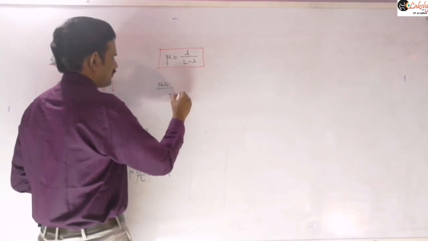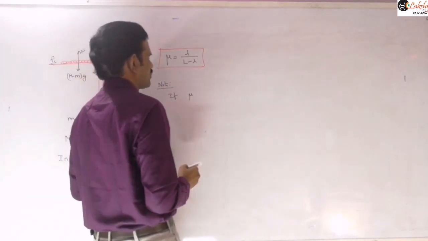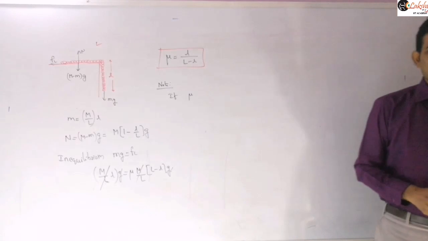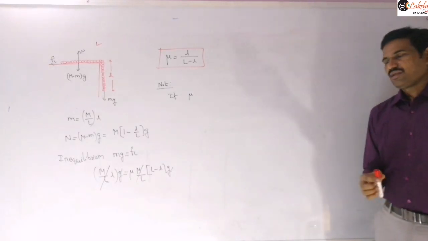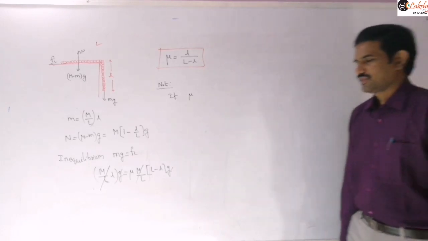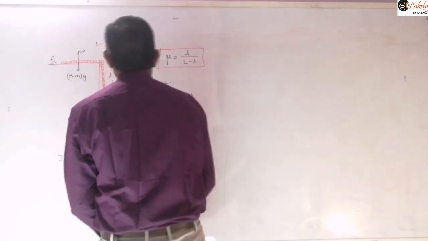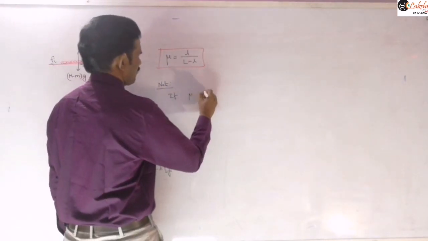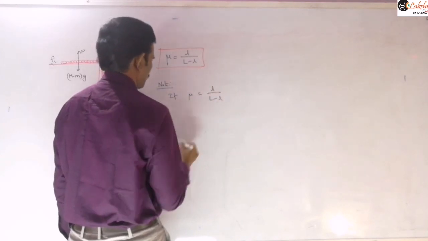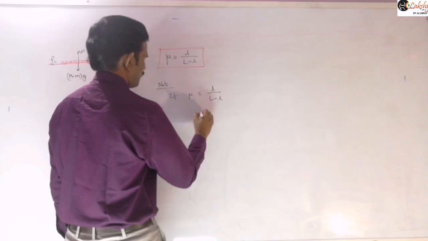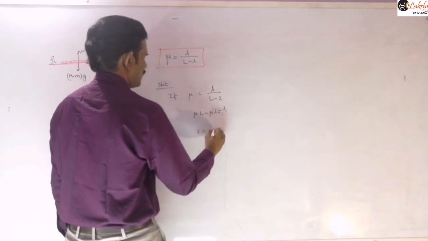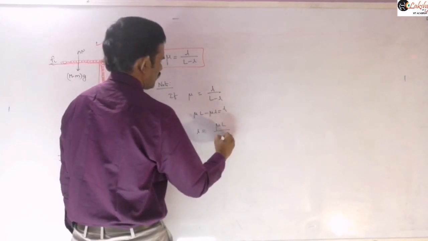In the above problem, if the coefficient of friction mu is given, then the maximum length of the chain that can hang from the table is given by mu L by mu plus 1.